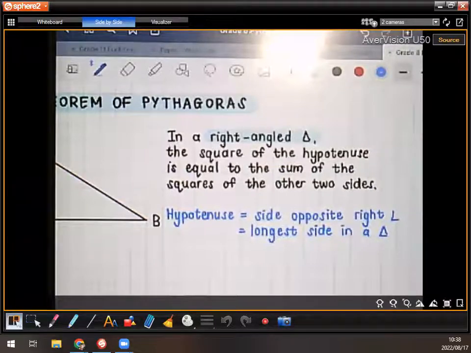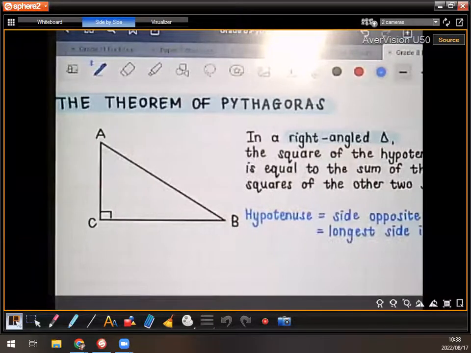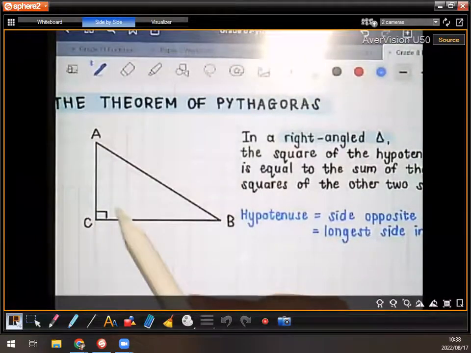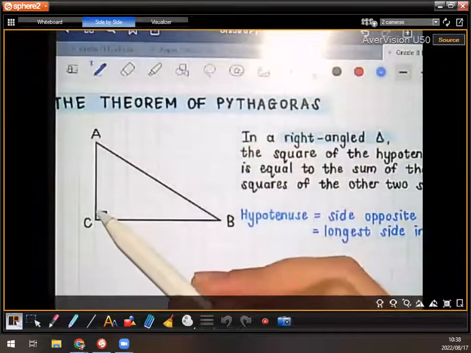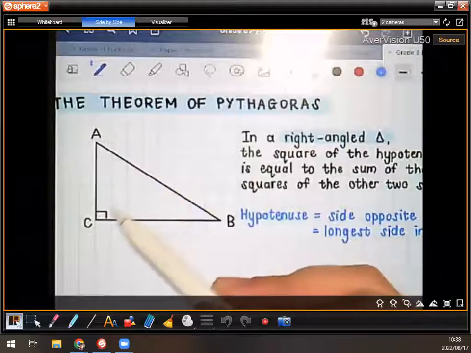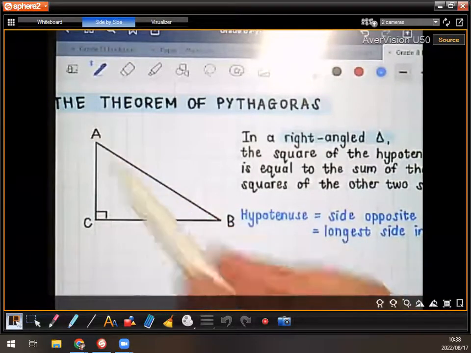In this triangle, let's find the right angle at angle C. The side opposite angle C is AB. So that is the hypotenuse.